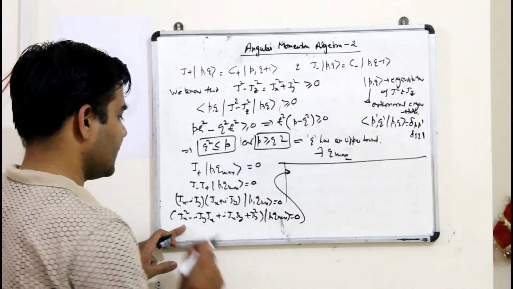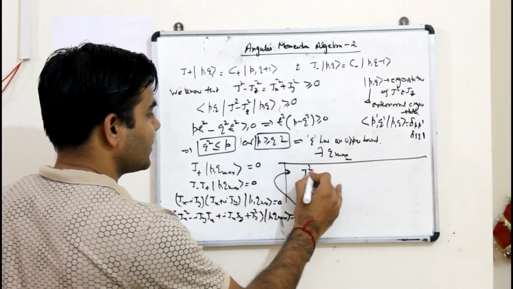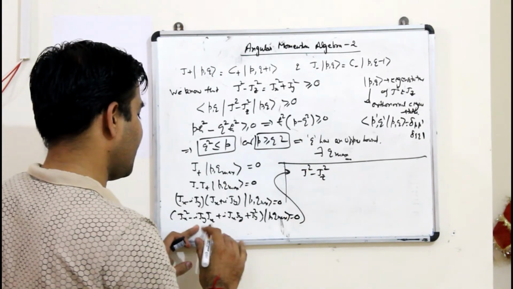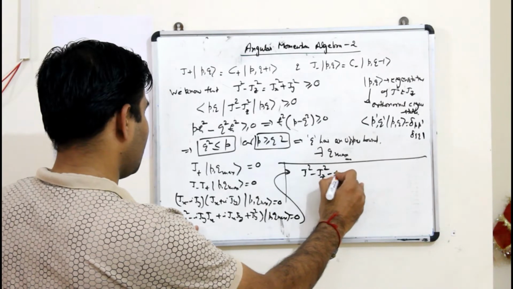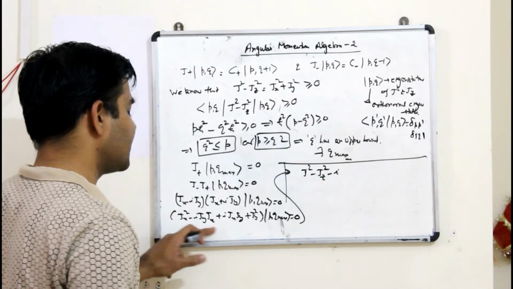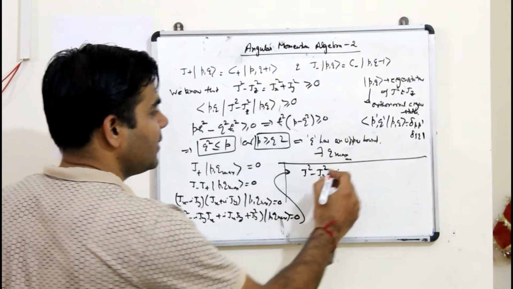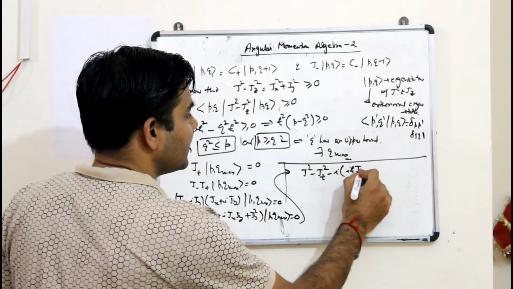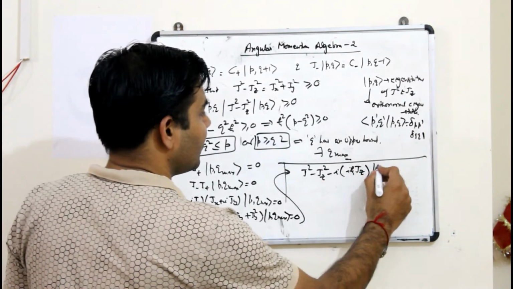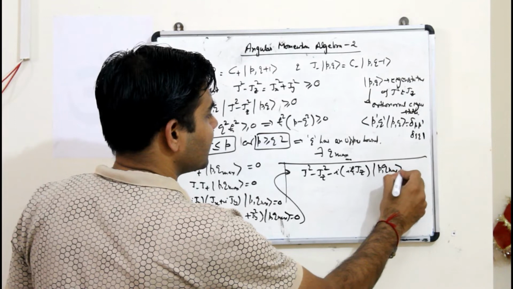Now if you see, Jx square plus Jy square is again J square minus Jz square, and if I take minus iota common, this is Jx Jy minus Jy Jx, which is the commutator of Jx Jy, which is iH cross Jz, and acting on P max, this should give me 0.